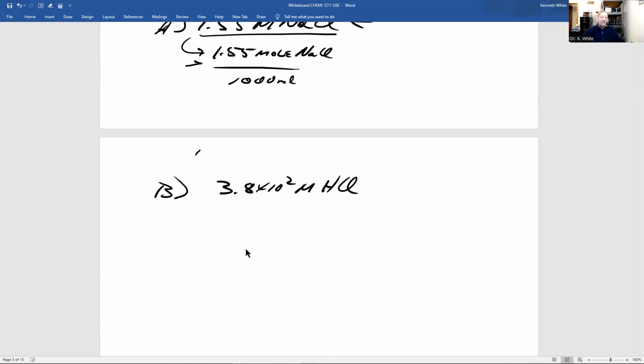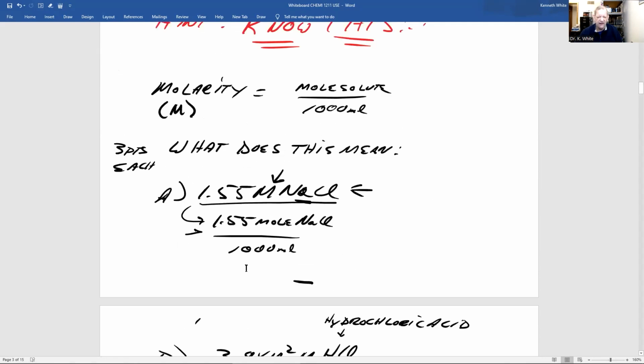And here we have, what does this mean? 3.8 times 10 squared, capital M, HCl. By the way, you'll learn in chapter 7, this is hydrochloric acid. And when you see capital M, that means molarity.